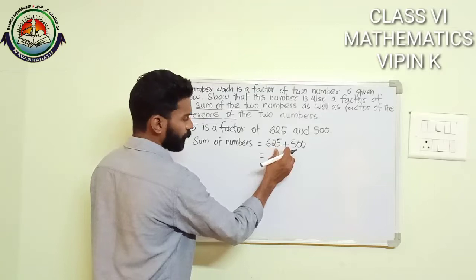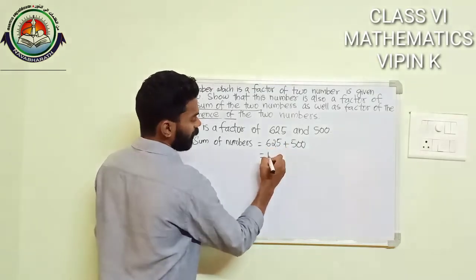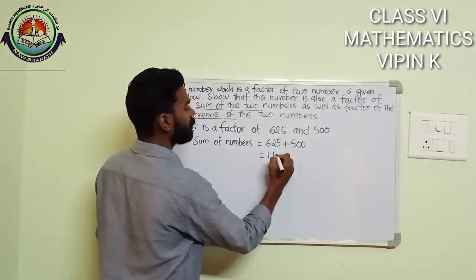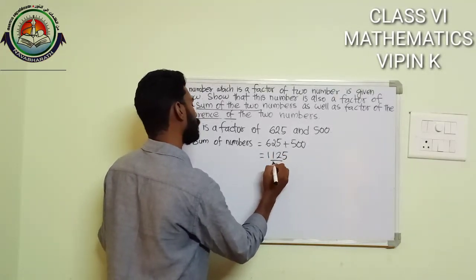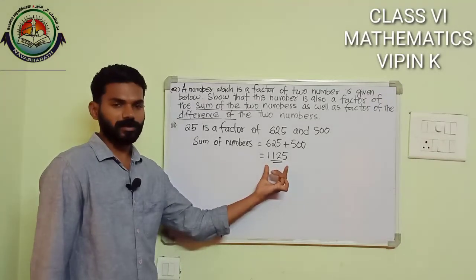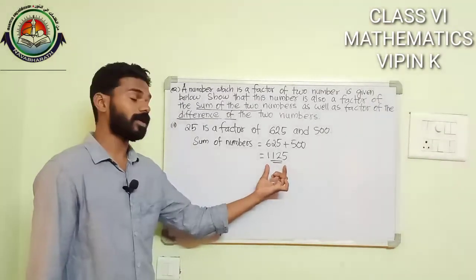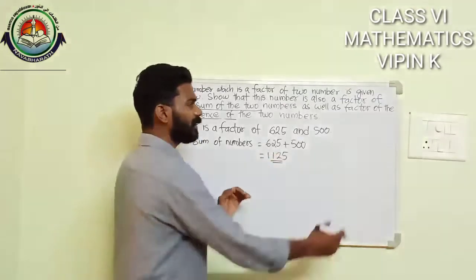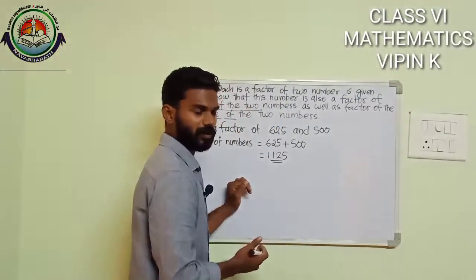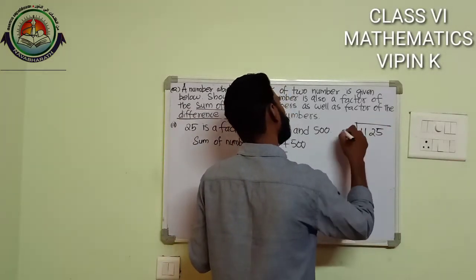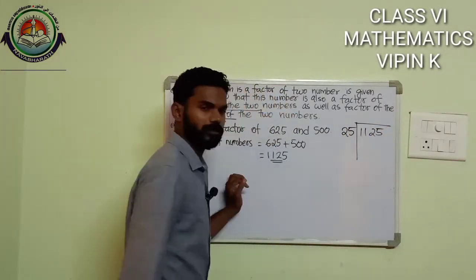Yes, it would be 1125. Now you want to check whether this number is divisible by 25 or not. We can simply divide and check it. Okay, so 1125 divided by 25.